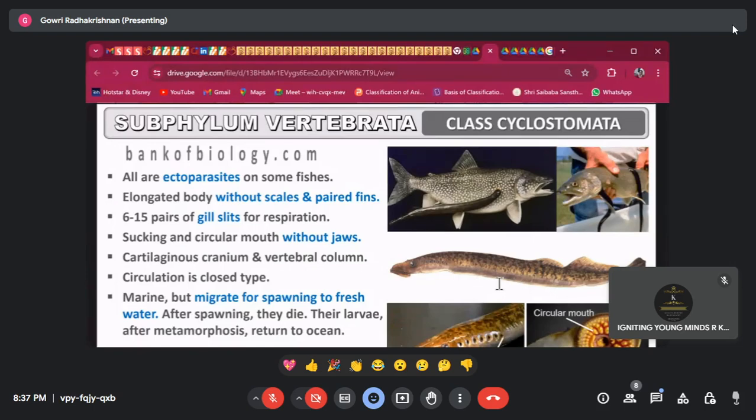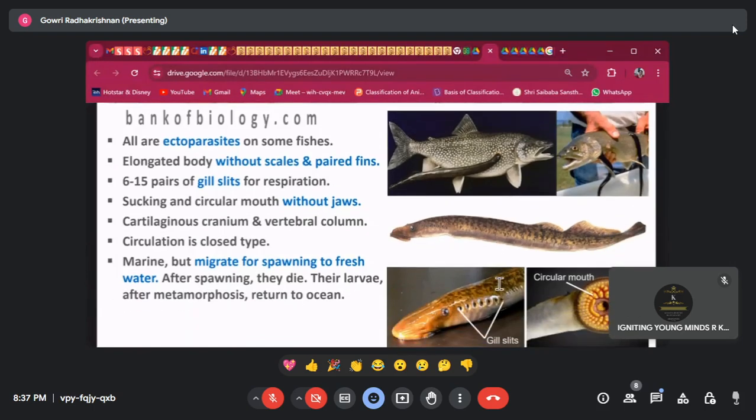Now, Cyclostomata are all ectoparasites on some fishes. Elongated body, without scales and paired fins. 6 to 15 pairs of gill slits for respiration.